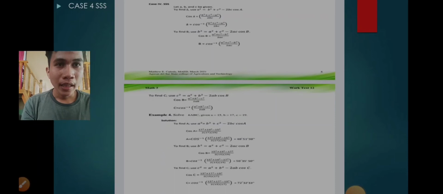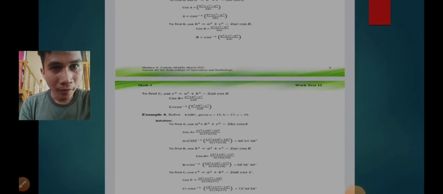And then B is equal to cosine inverse. So to find angle B, we need to use cosine inverse of a squared plus c squared minus b squared over 2ac. Here is the example, example number 4.